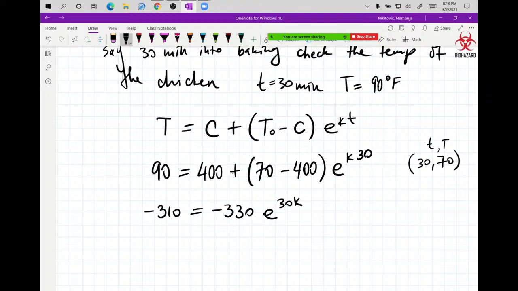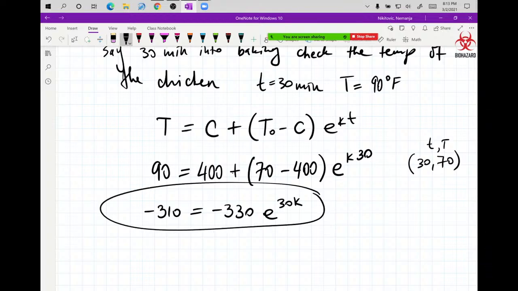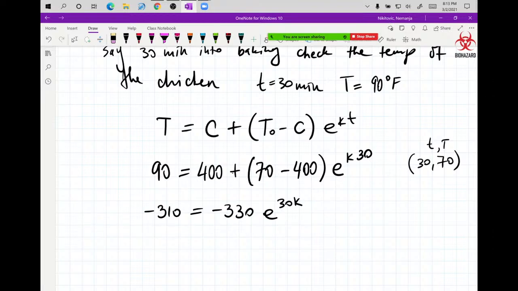I just subtracted 400, and then 70 minus 400. Now you see a basic exponential equation here. Divide both sides by negative 330, and these zeros will drop.